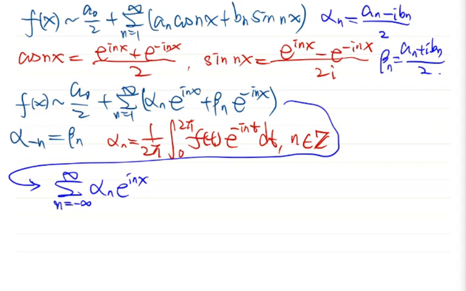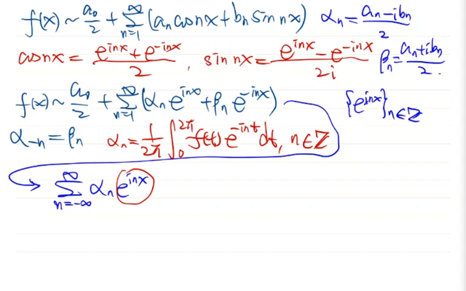That is, instead of using sine and cosine, we use e^(inx). Using this e^(inx) over the integers, you can see that this is an orthogonal system, and this is for 2-pi periodic functions.